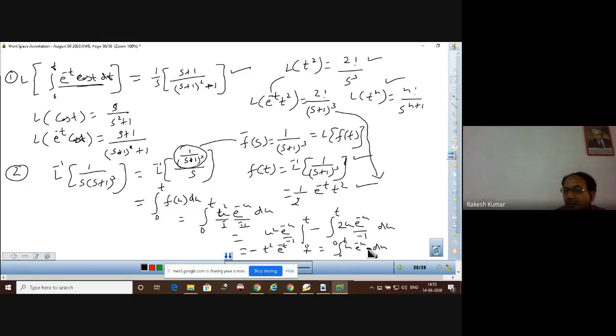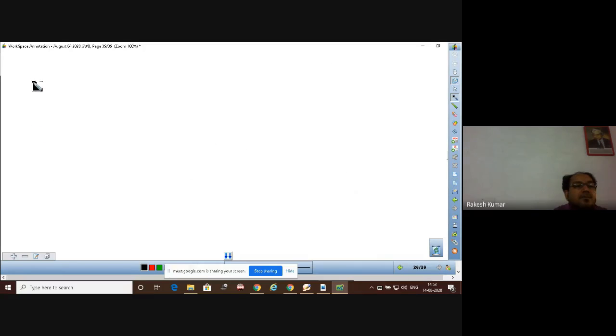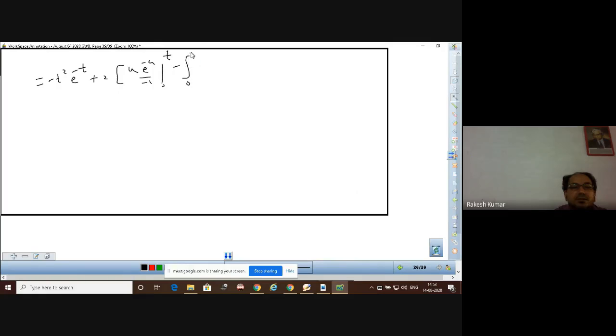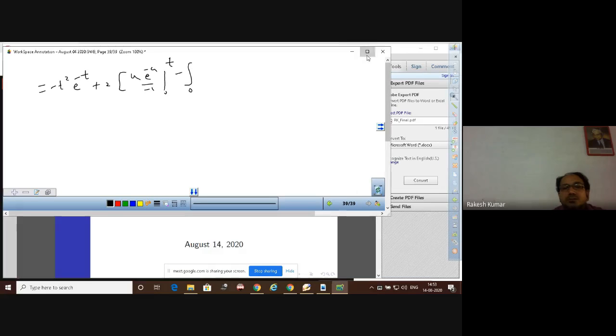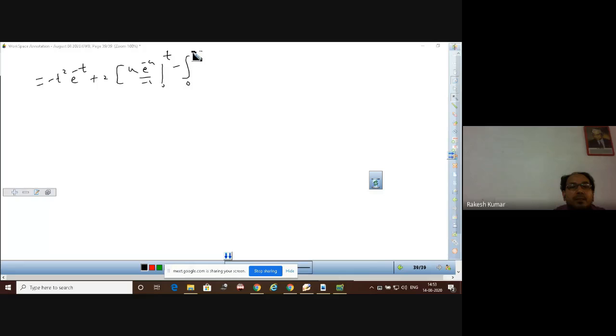Again, integration by parts, that is minus t square e raised to power minus t, and plus 2 times first function u as it is, integral of second, limits are 0 to t, minus integral 0 to t, then the derivative of u is 1, integral of e raised to power minus u is this one.